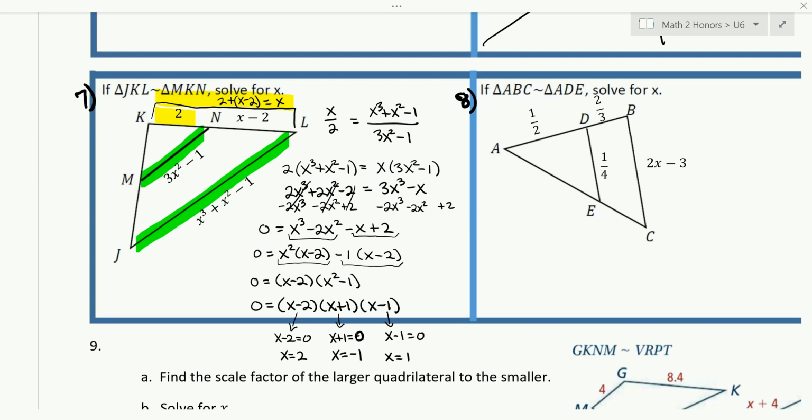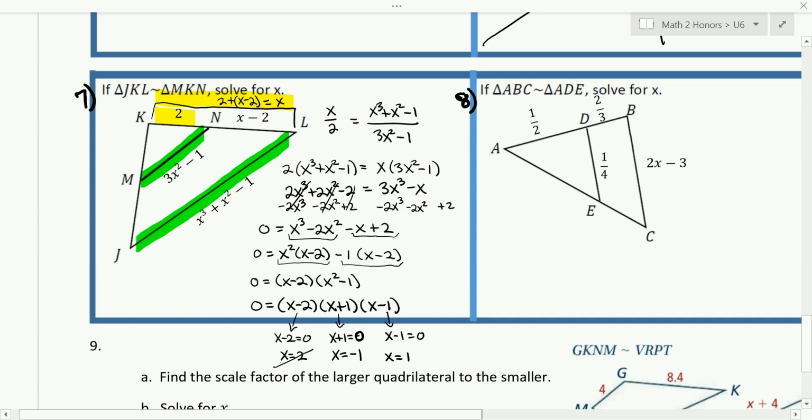None of them do. Okay, let's look at why. Let's look at the x equals 2 first. Why can't we have x equals 2? Yeah, so if you look at NL, you got an x minus 2. And if you plug a 2 in there, you get 2 minus 2 is 0. And so that one doesn't work for us.